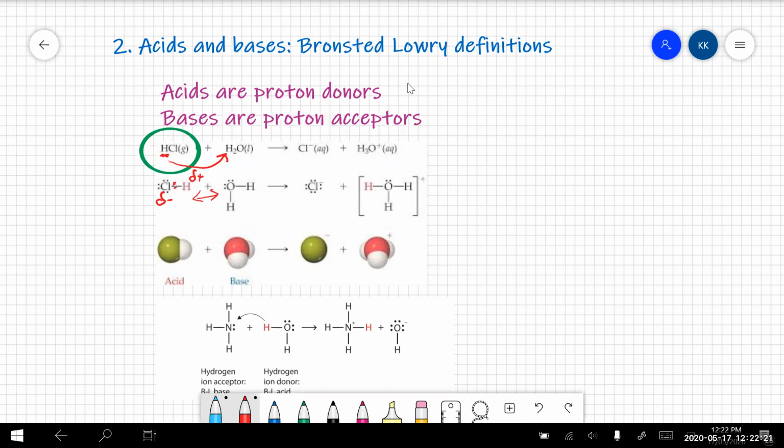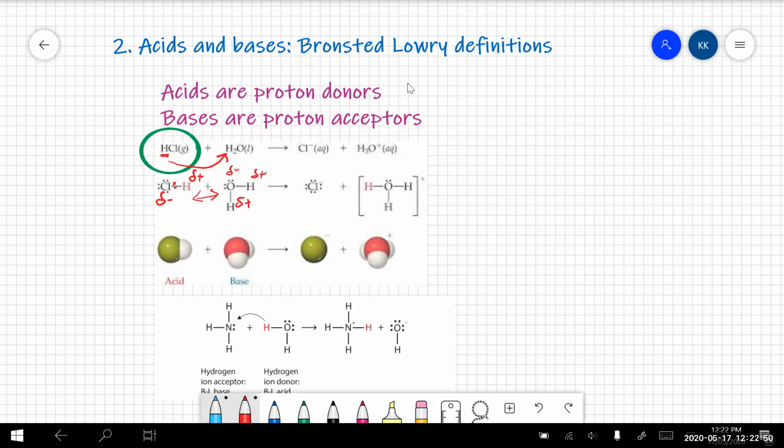So the hydrogen carries a partial positive charge, which means it's attracted to the partial negative charge of the water molecule. Remember, water is also a polar molecule, and oxygen's electronegativity is a little bit higher than chlorine's. It can actually pull that hydrogen onto the water molecule, leaving the chloride ion by itself.